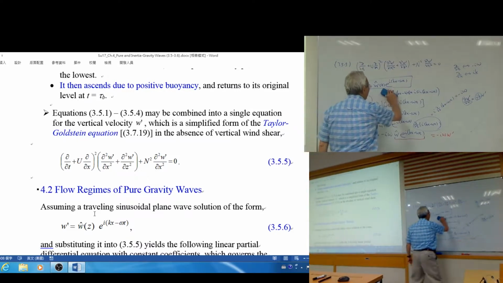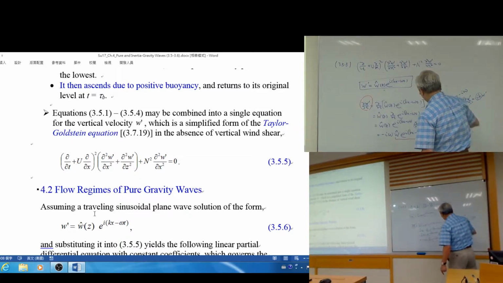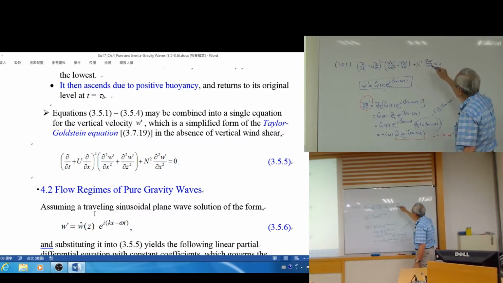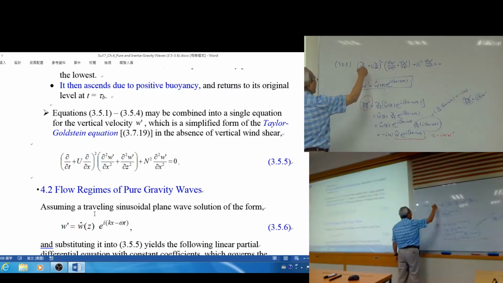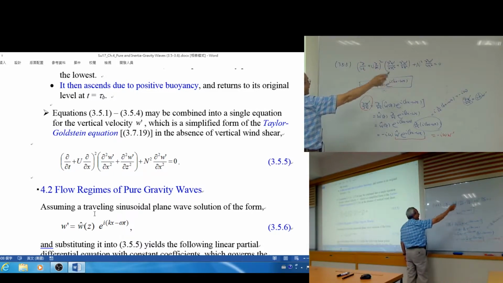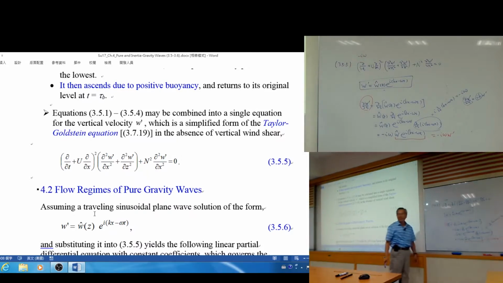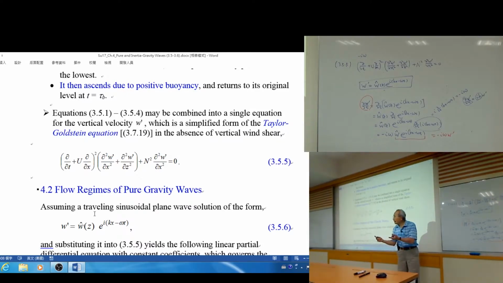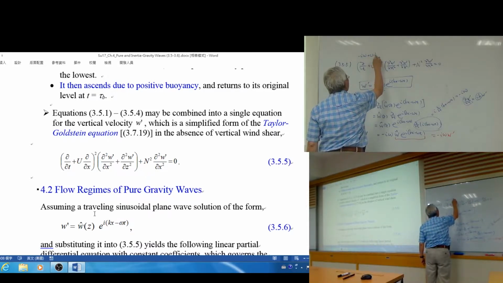Maybe I erase this. So this equation will become, partial t is what? It will be minus i omega. Partial x will correspond to ik, so plus u times ik.